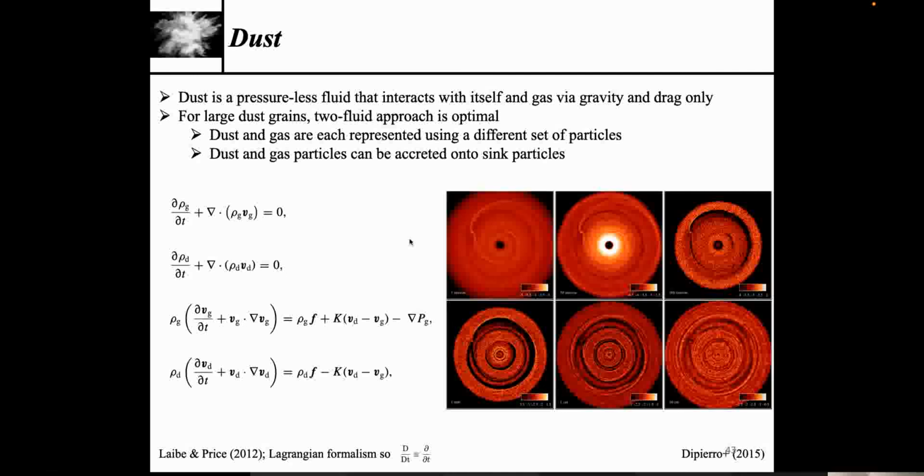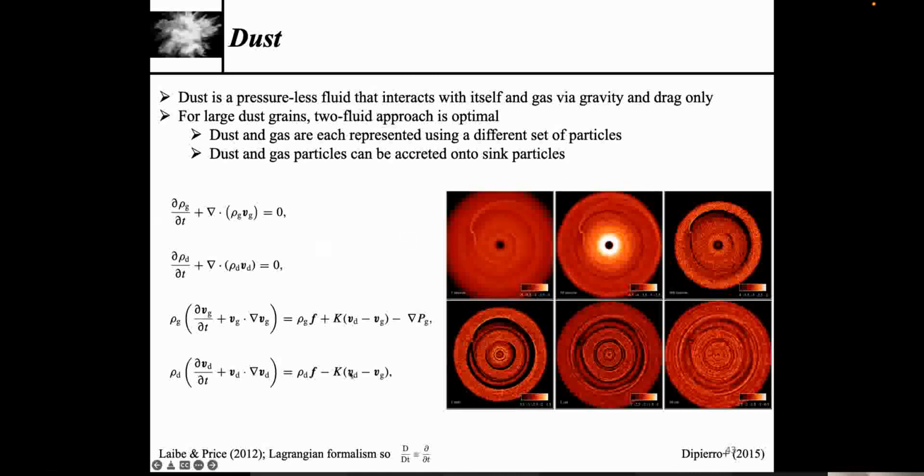If we are modeling large dust grains, then what we can do is create two sets of particles. One set represents pure gas, and another set represents pure dust. Dust is generally a pressureless fluid, so we can ignore all the pressure terms for it. It accounts for gravity amongst itself and between dust and gas. And we also have these drag terms that couple the dust and the gas.